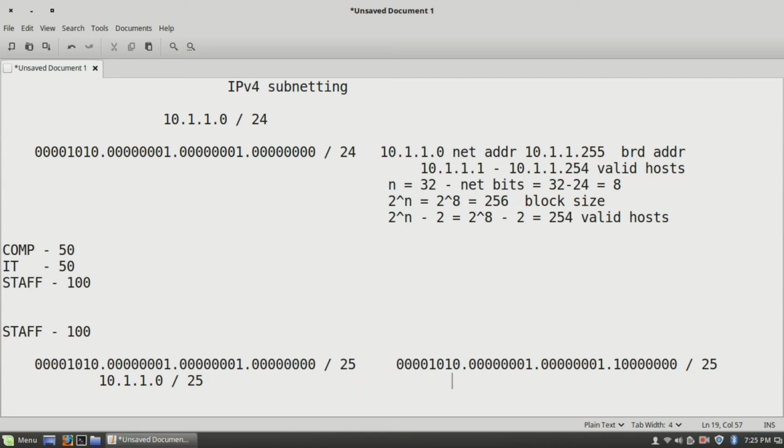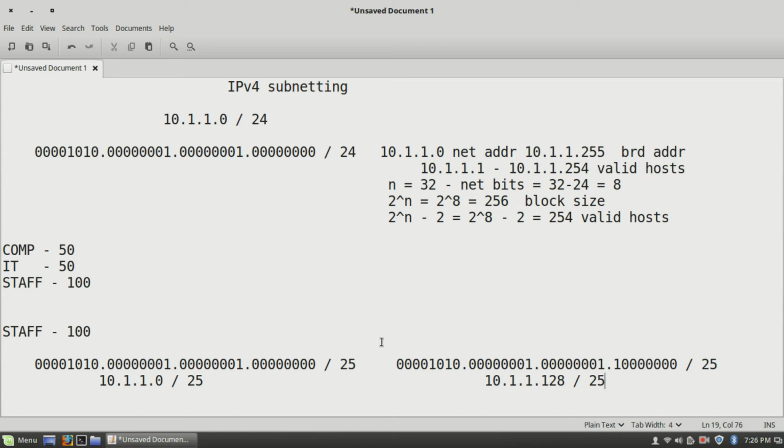For the other network, it is 10.1.1. What is the decimal equivalent of this binary block? It is 2 raised to 0, 2 raised to 1, up to 2 raised to 7. The bit for 2 raised to 7 is 1, which means 128. So it is 128/25.